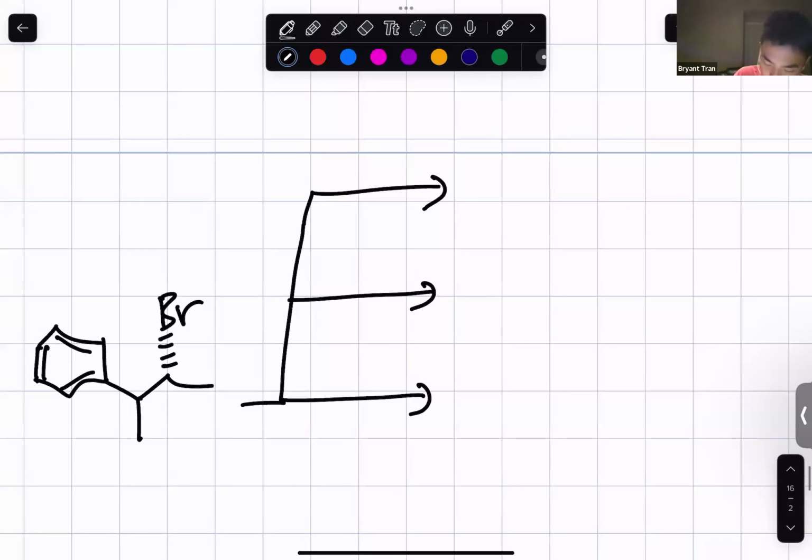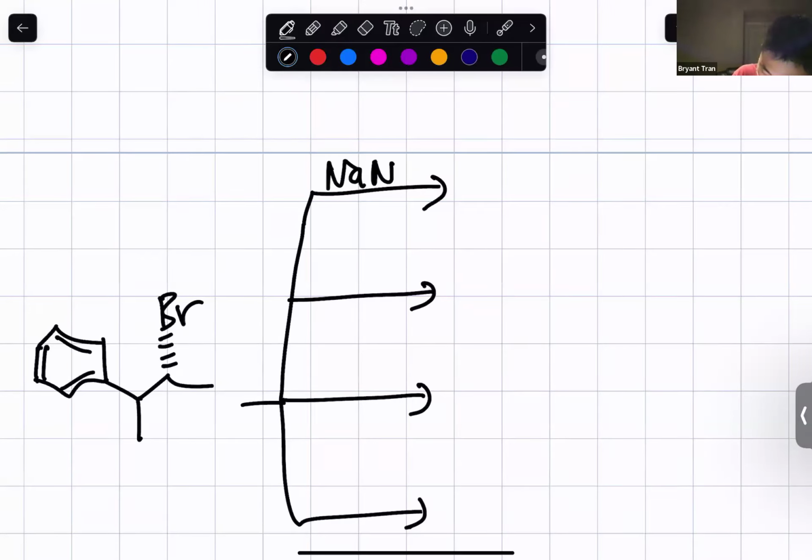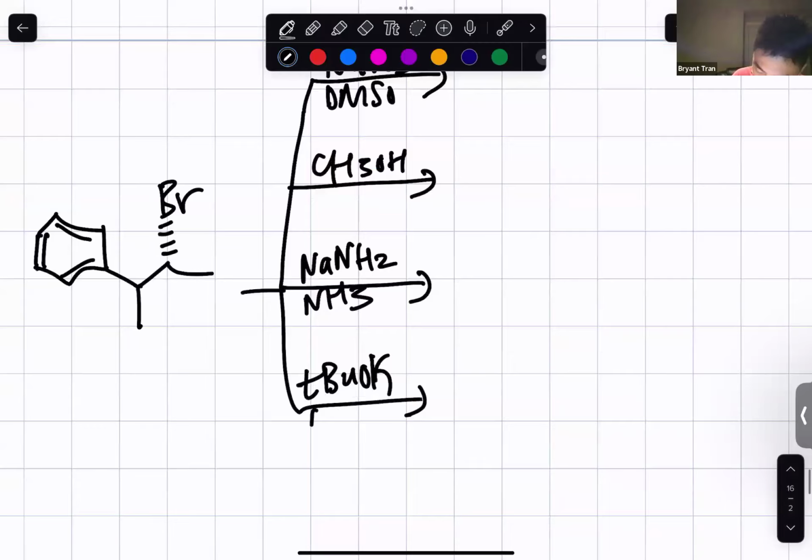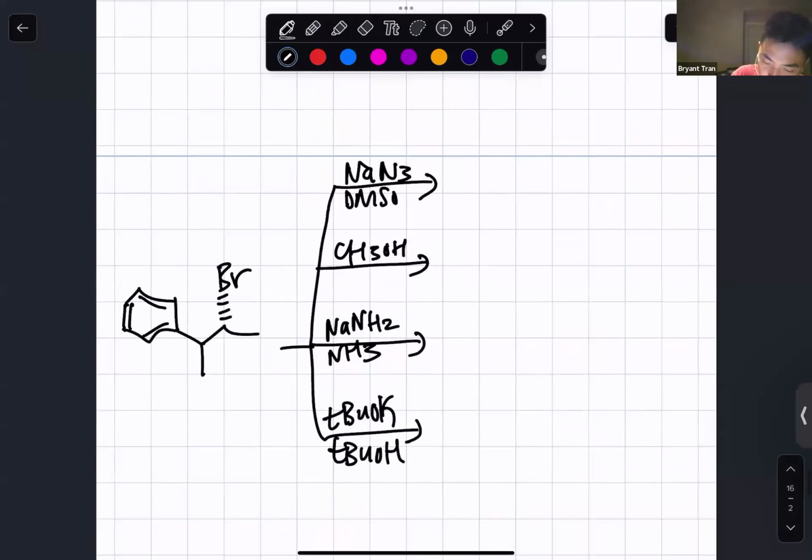This is the one I gave her. And we went over every one of these reactions already. Let's focus on the first one.